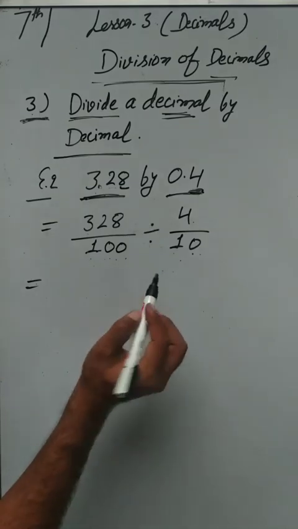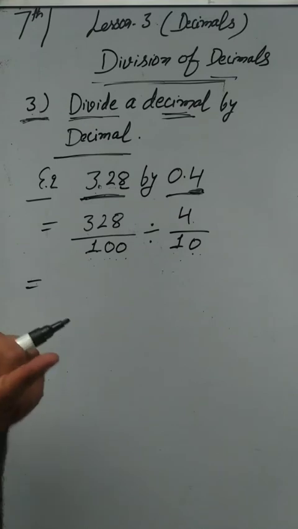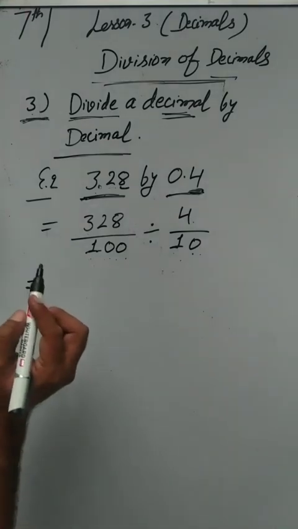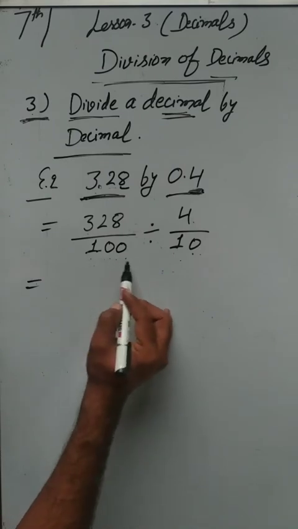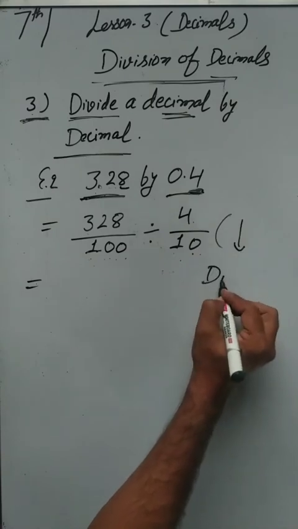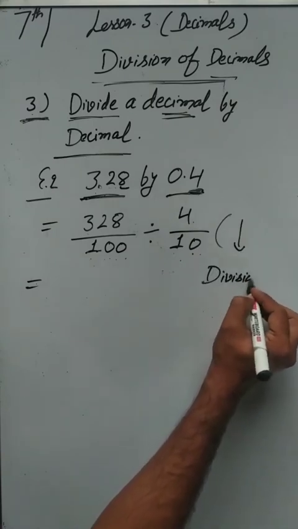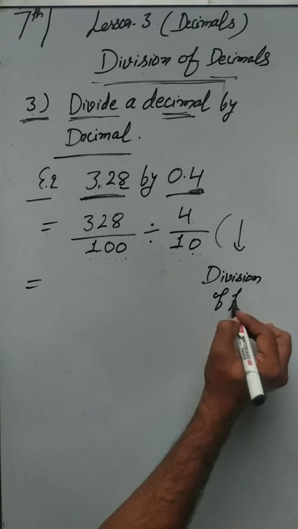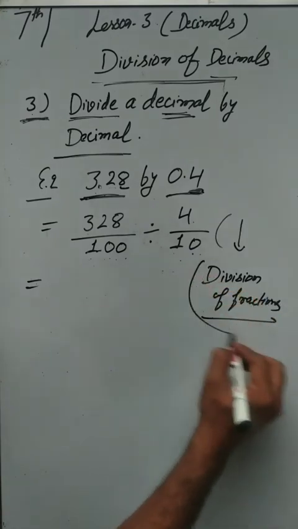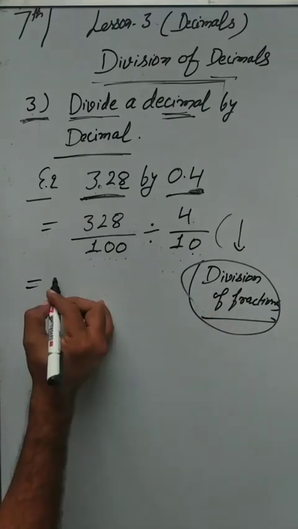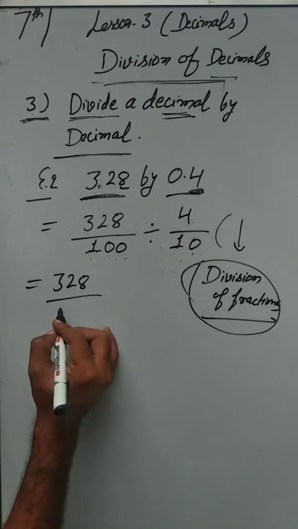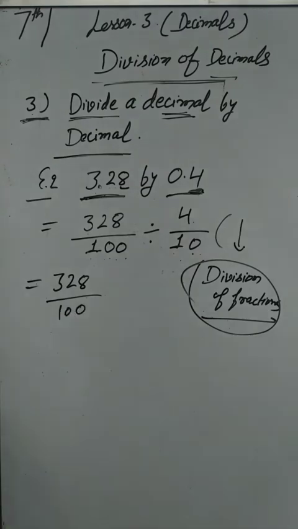Now this is the sum of division of decimals. Sorry, it will become now division of fractions. Okay. Now beta, you know how to divide a fraction because I have explained in the previous videos. 328 divided by 100.